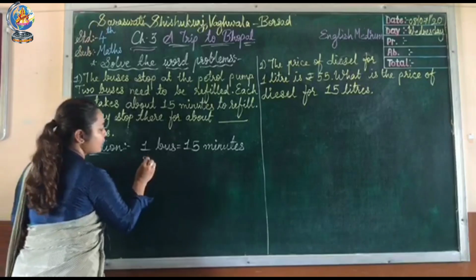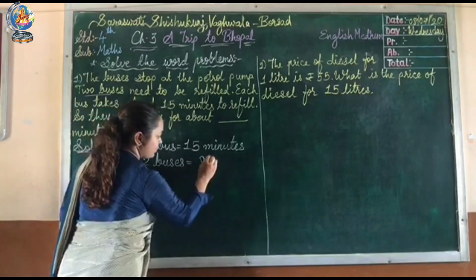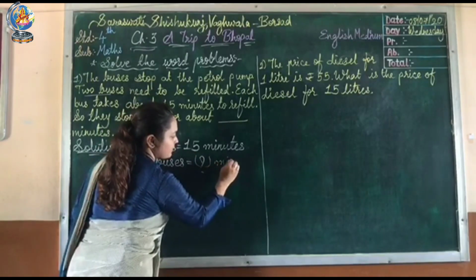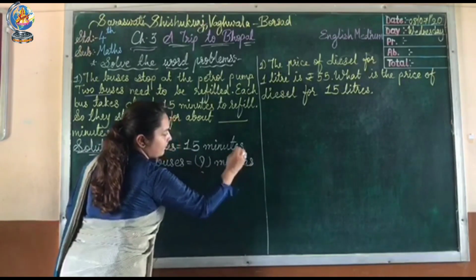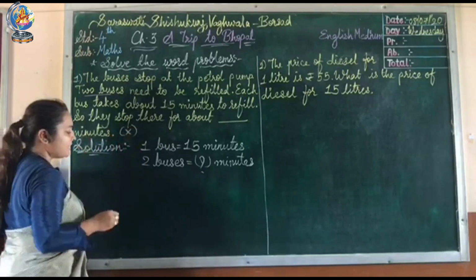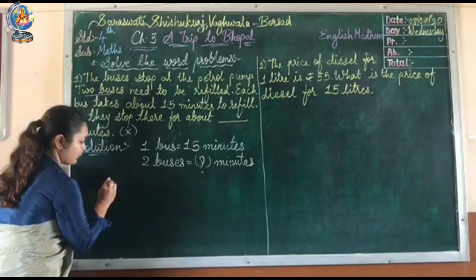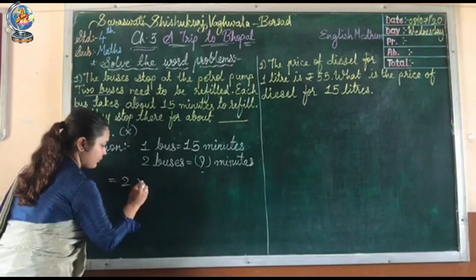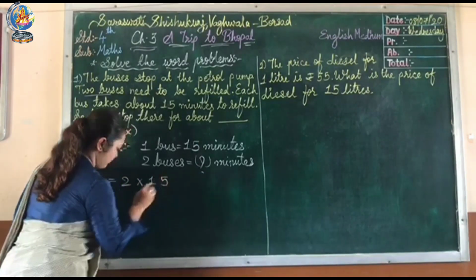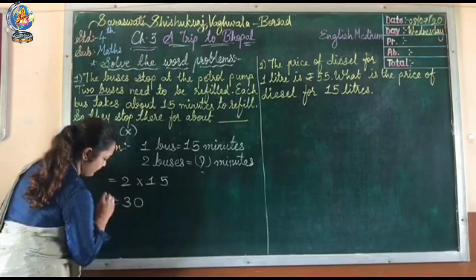We have to find for 2 buses. So 2 buses is equal to how many minutes? It means here we have to do multiplication. 2 multiplied by 15. Answer is 30.